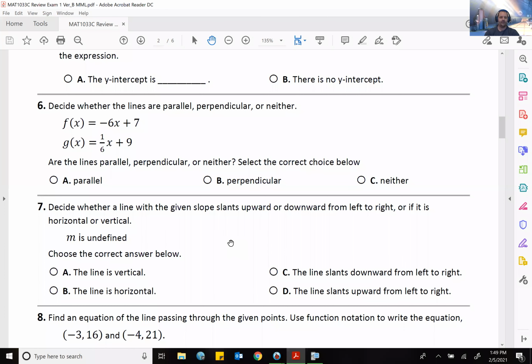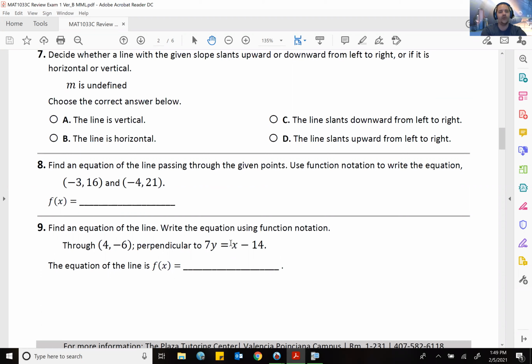All right, number 7. It says, decide whether a line with the given slope slants up, down, or is horizontal or vertical. So we have a slope that is undefined.